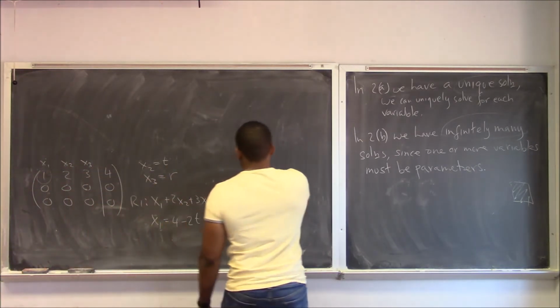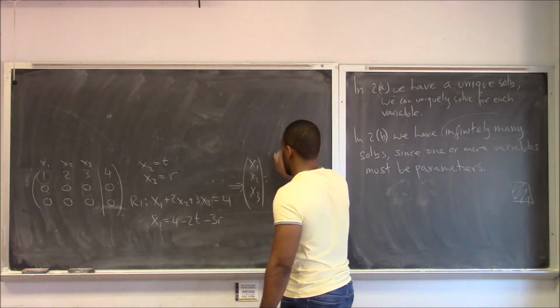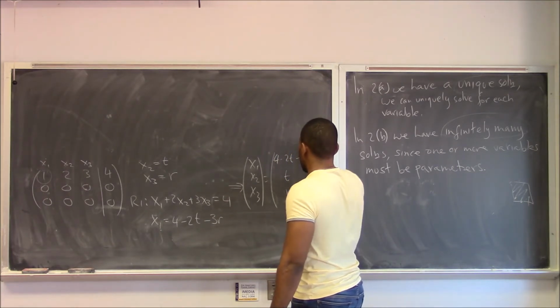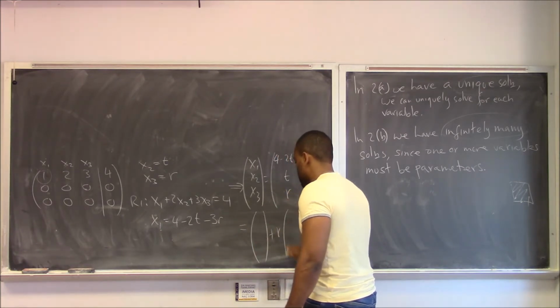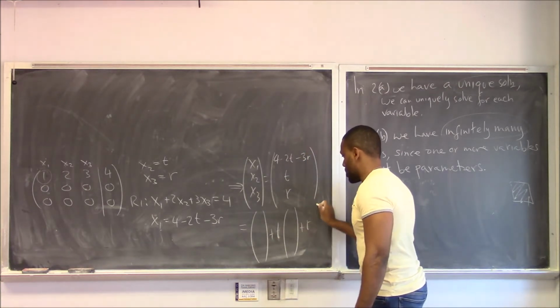And so my x1 would be 4 minus 2t minus 3r. And so I could write my solution as (4 minus 2t minus 3r, t, r), which I'd be able to split. And being able to do this is going to be important later. Split these guys in terms of all their components.